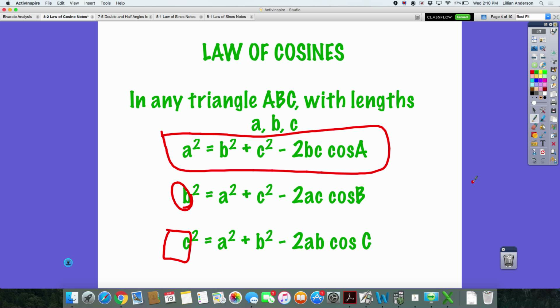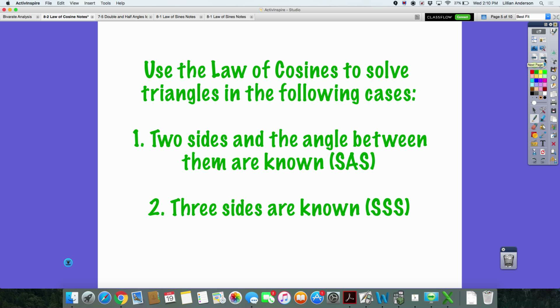When do you use law of cosines in comparison to law of sines? Well, you use the law of cosines in two cases. The cases are what's on this green sheet. Case one is when you have two sides and an included angle. In other words, side, angle, side. That is case one that's on your paper.